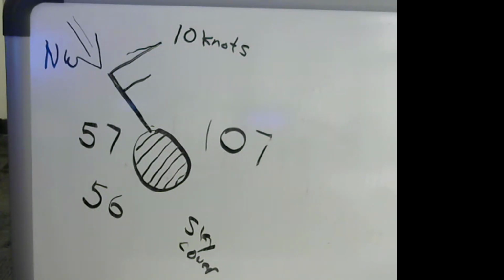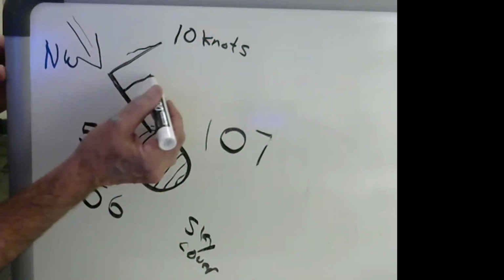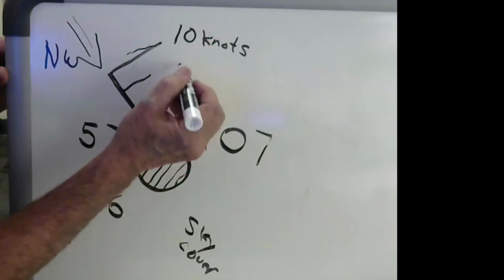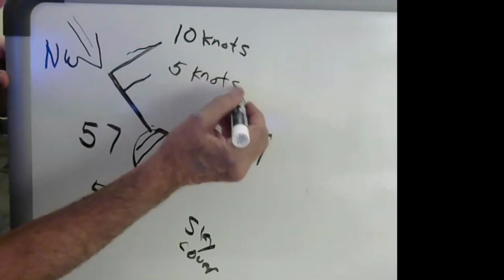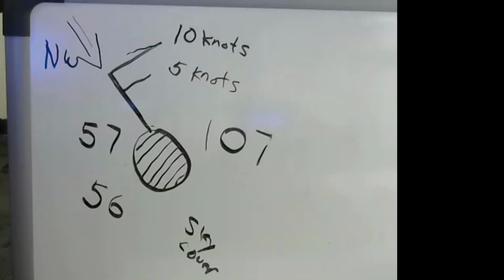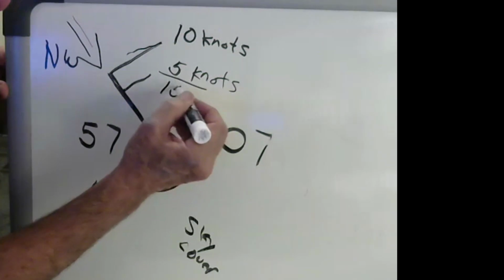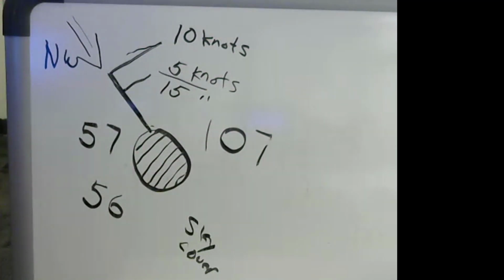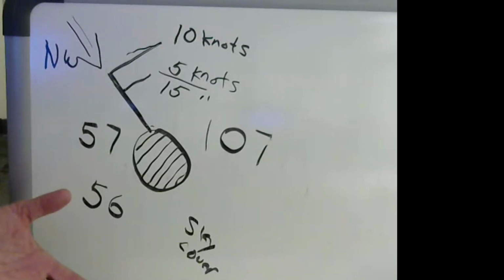But don't get too hung up about it. In meteorology, we use nautical miles per hour. So the long feather is 10 knots. A half or short feather is worth 5 knots. In this example, you'd simply add the 10 and the 5 together, and we'd say the wind speed is 15 knots. So to summarize the wind, we have a northwest wind at 15 knots.